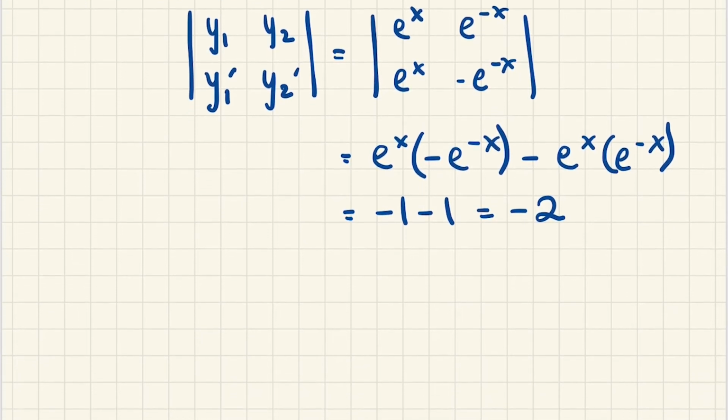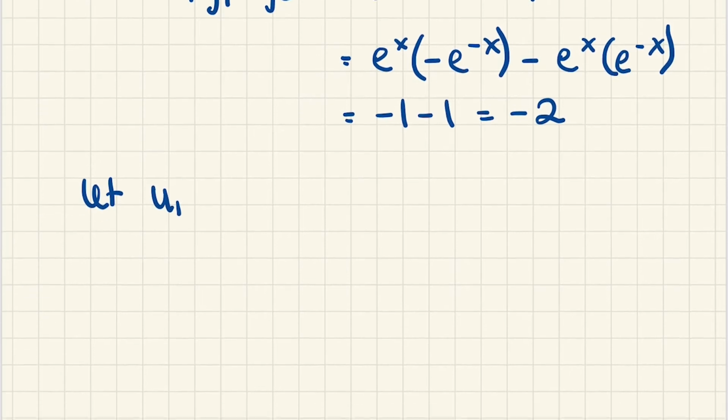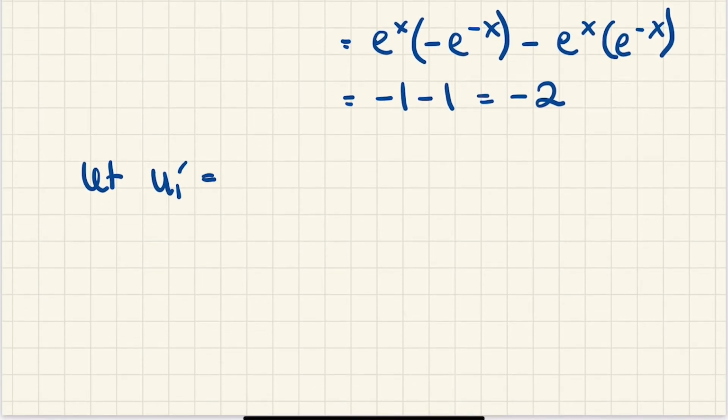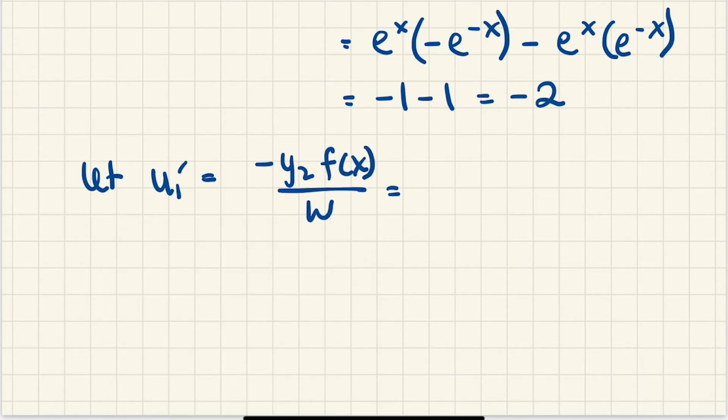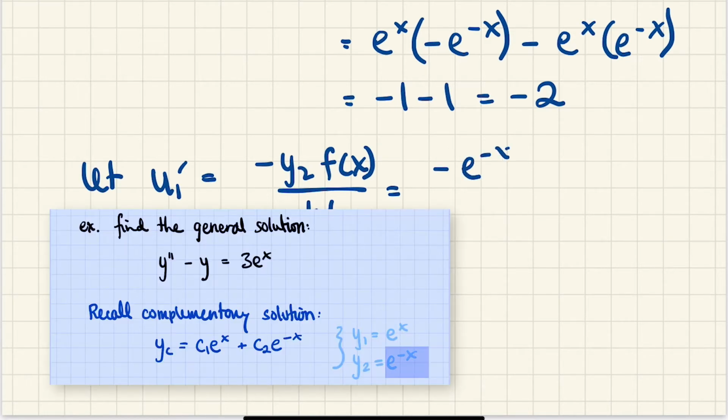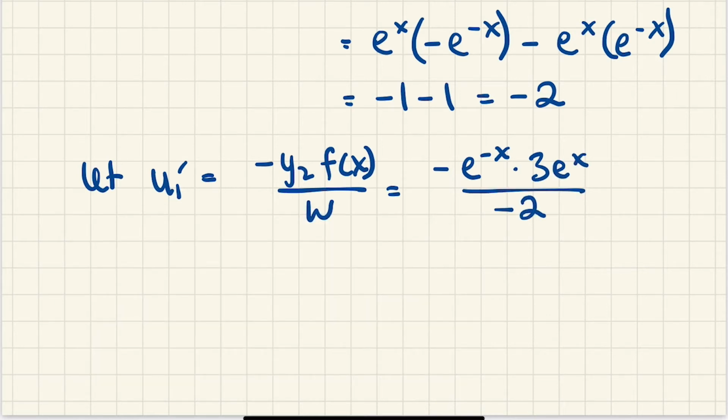All right, so now we're going to let u1 prime be negative y2 f of x divided by the Wronskian. So that would be negative y2, which is e to the negative x, times f of x, which is 3e to the x, divided by the Wronskian, which is -2.